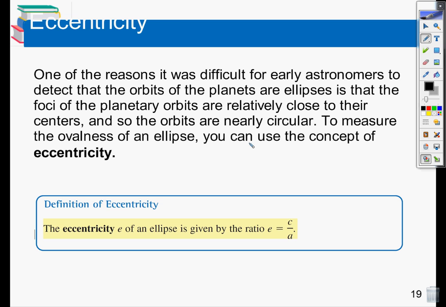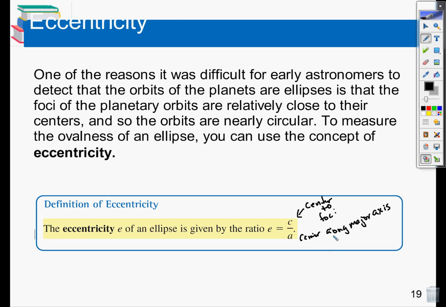So the eccentricity of a specific ellipse is just given by a ratio of that c value that we talked about, the distance from the center to one of the foci, over the a value, which is that distance from the center along the major axis to one of the ends, one of the vertices.